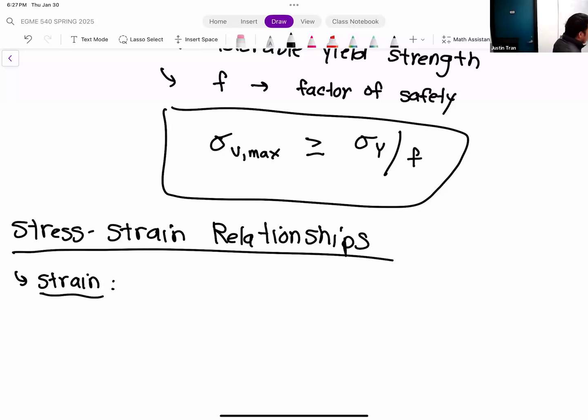So strain is a unitless quantity, which is quite fascinating. Strain is a unitless quantity that represents the relative amount of deformation that a structure will undergo when it's exposed to load.